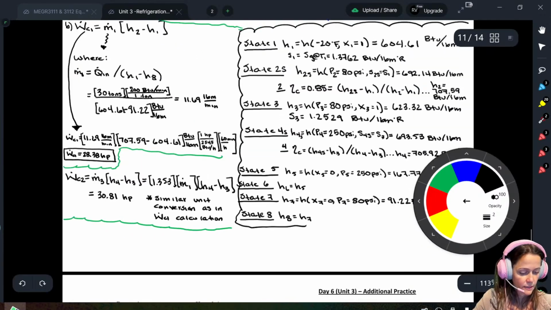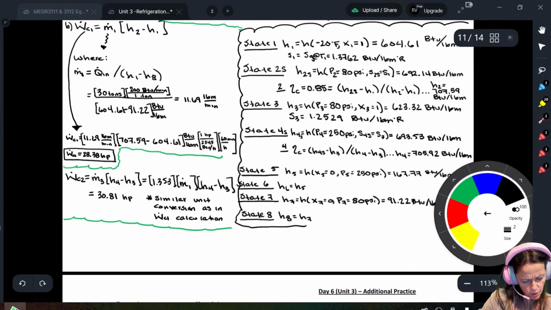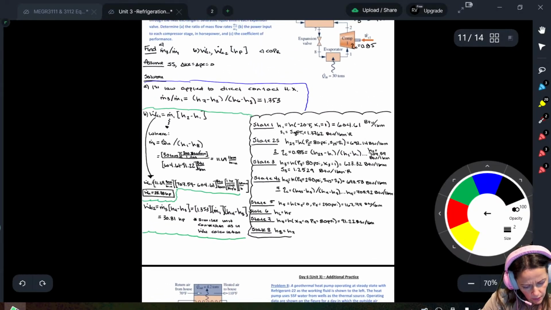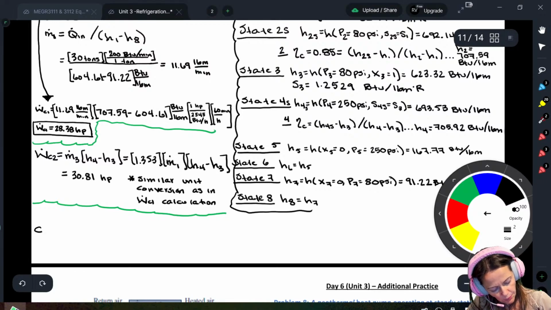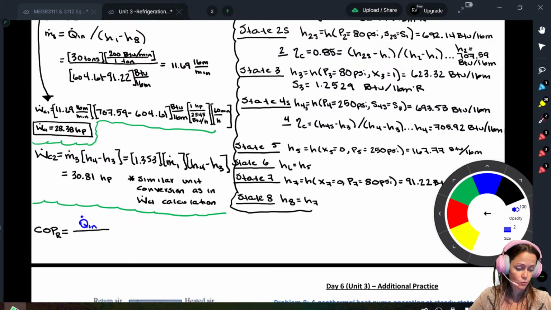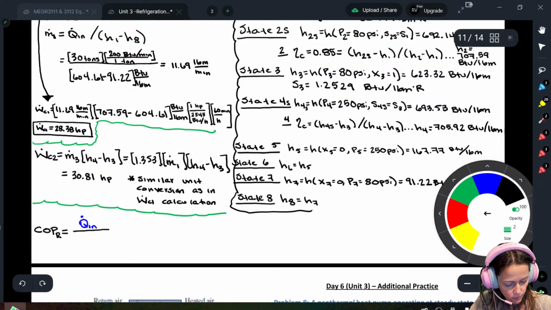Alrighty. And then the very last thing I was supposed to do was the COP, I think. So your COP for a refrigeration cycle is what you're interested in, and it's going to be Q dot in, or Q dot coming from the low temperature reservoir, over the net W dot net in.